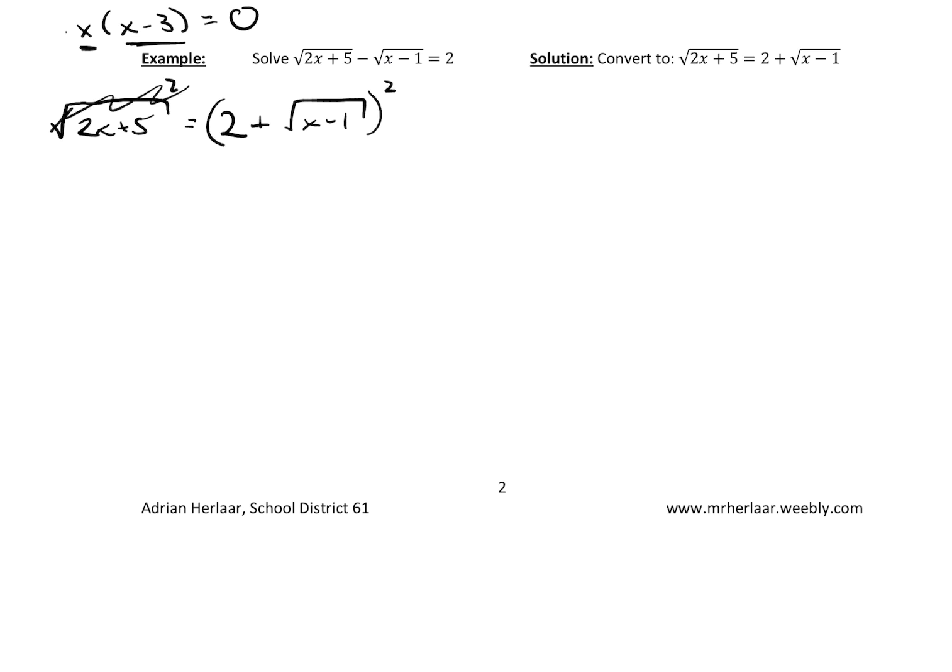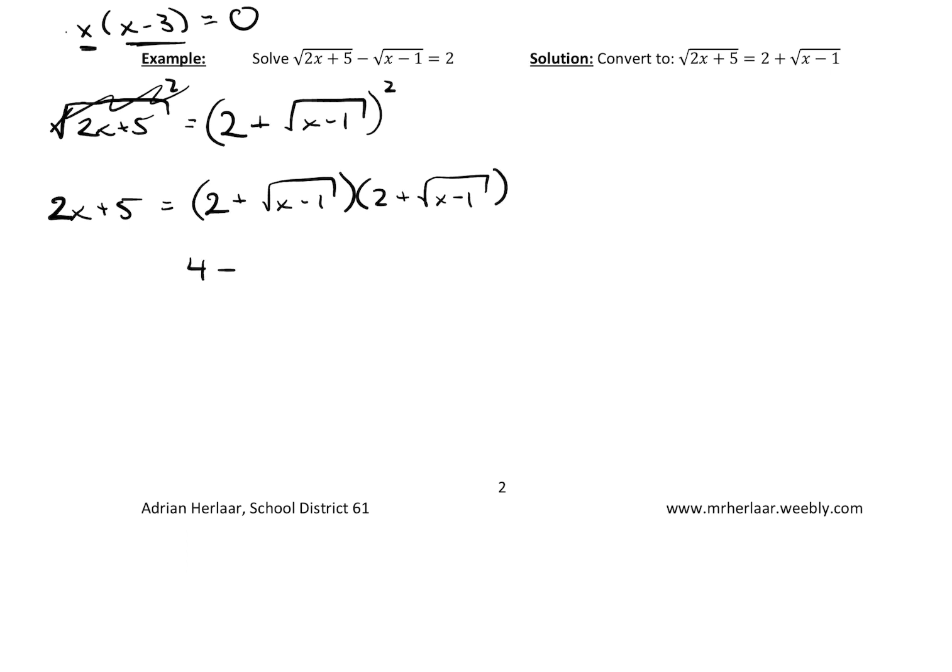So here we just cancel. We're left with 2x plus 5. I'll be more clear with this one now. I'm going 2 plus root x minus 1 times 2 plus root x minus 1. So FOIL: 2 times 2 is 4.